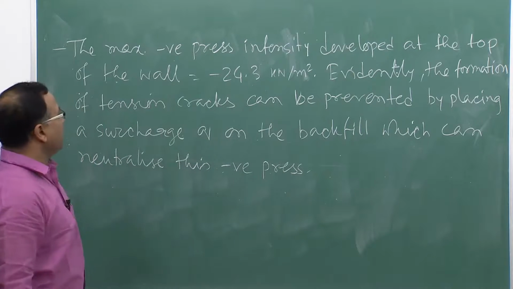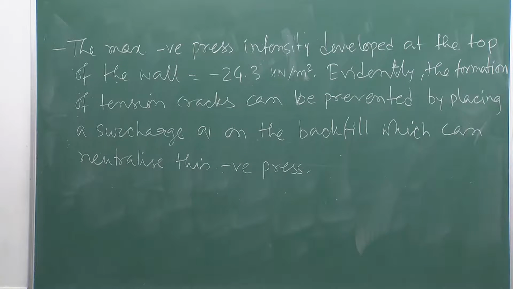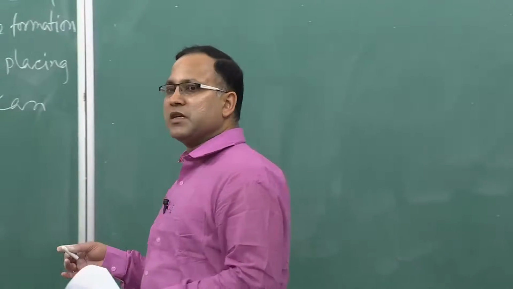So, what does it mean? The maximum negative pressure intensity developed at the top of the wall is coming as minus 24.3 kilonewton per meter square, that already we have got. Now, the formation of tension cracks can be prevented. See how you will prevent the formation of the tension cracks.